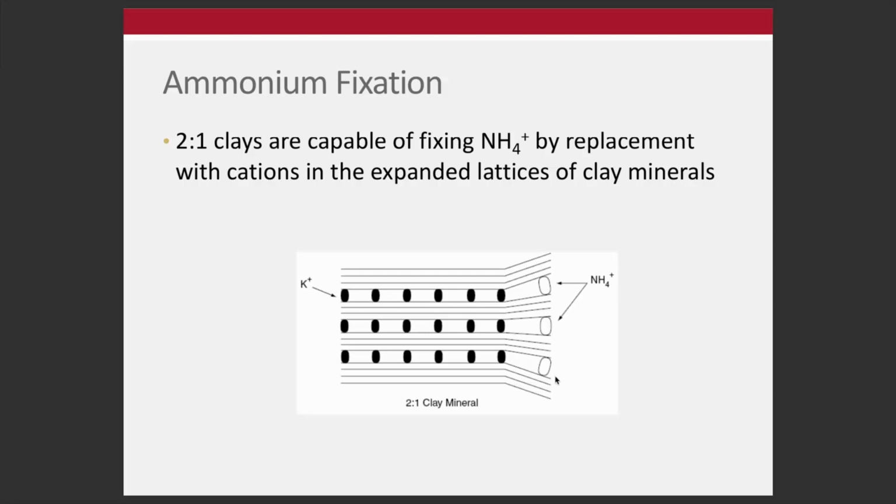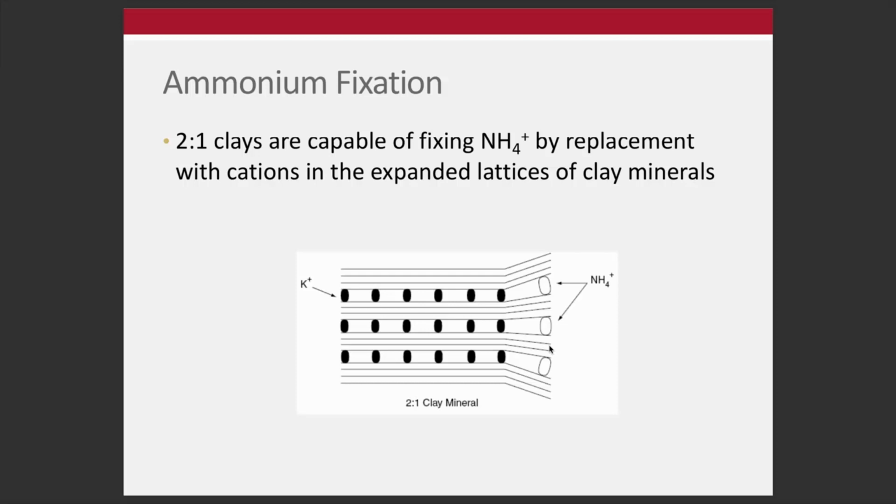And so ammonium can come in and knock out things like potassium or calcium or magnesium, these cations, and they can get replaced. Typically, we don't think that this is a huge net fixation phenomenon in soils.